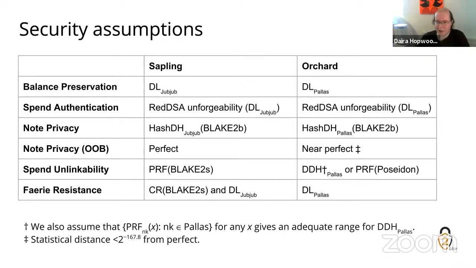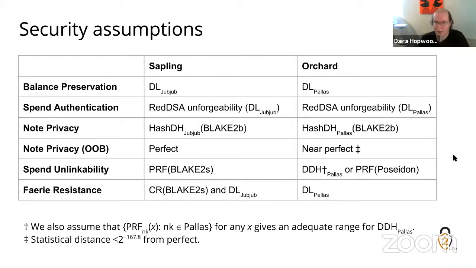What information does the blockchain leak that would allow someone to break the privacy of spends using that note? And you can actually prove that it's perfect for Sapling, so that no cryptographic assumptions are needed, and near perfect, it's statistical security for Orchard. And the statistical distance from perfect is very, very small.